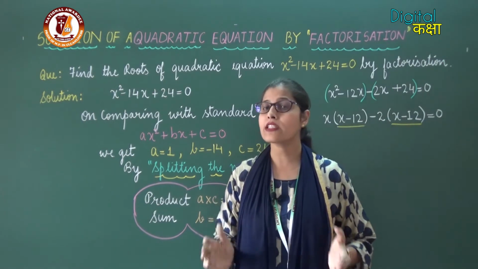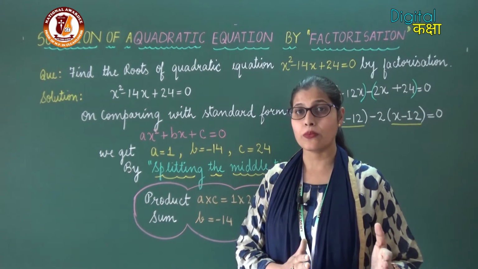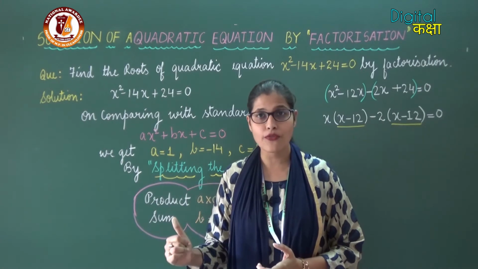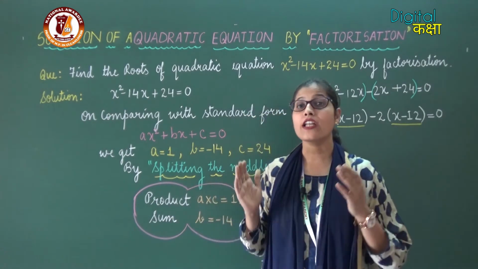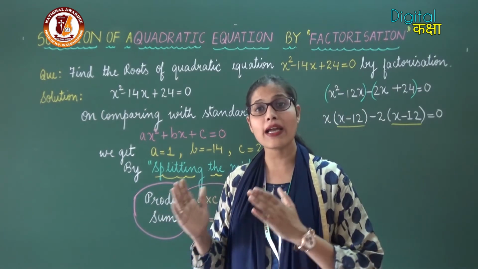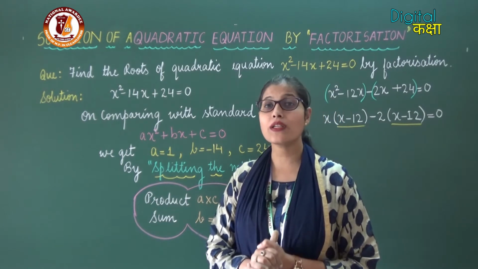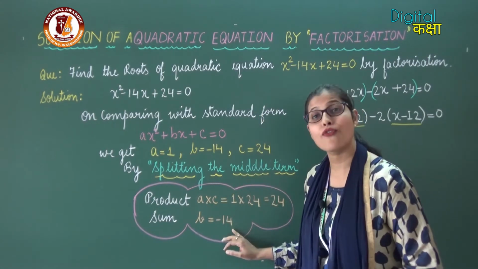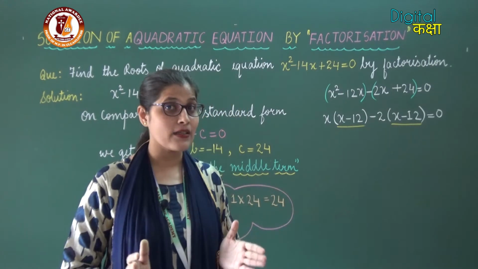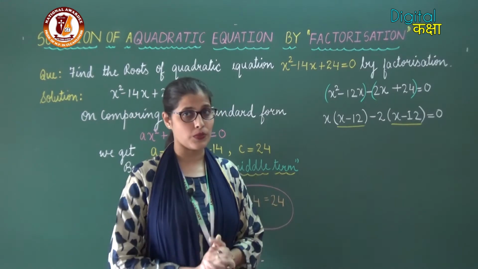So, on multiplication of minus 12 and minus 2, I will be getting the product as plus 24, and on adding the integers minus 12 and minus 2, I will be getting the sum equal to minus 14. So, let us continue the splitting by taking the factors minus 12 and minus 2.